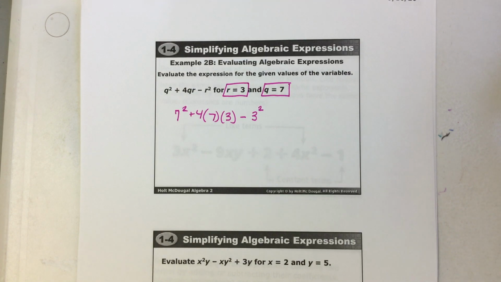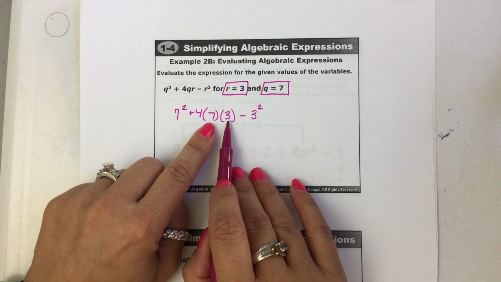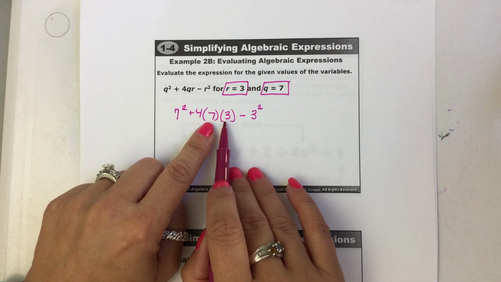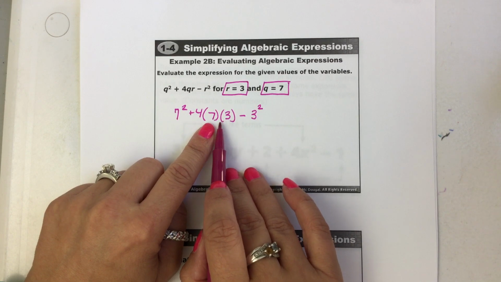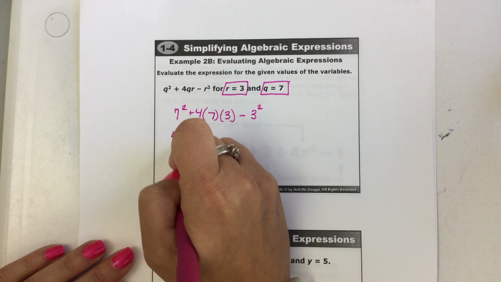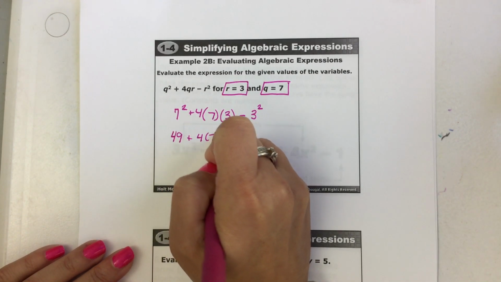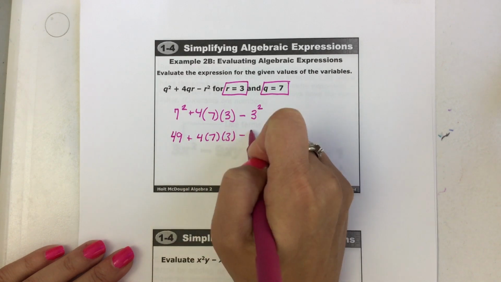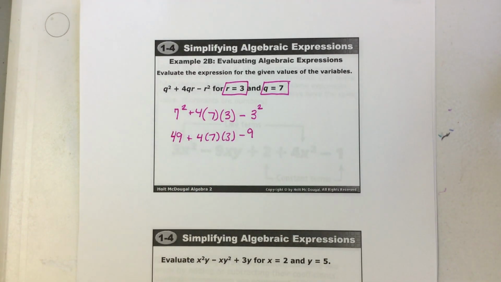Order of operations, yes, I do have parentheses, but within the parentheses, there's only one value. Okay, so this is multiplication. Exponents, 7 squared is 49, plus 4 times 7 times 3 minus 3 squared is 9. So I have no parentheses. I did the exponents. Now you multiply and divide left to right.